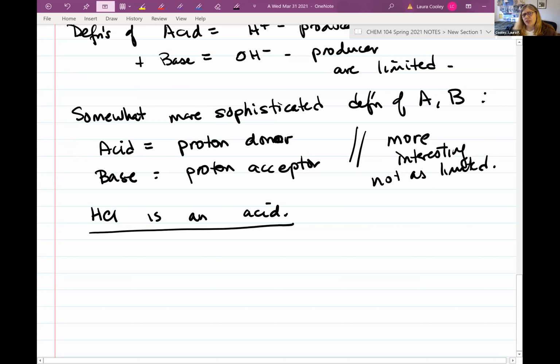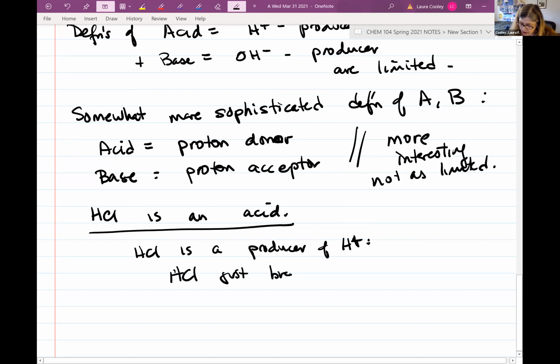It's like saying, oh, HCl just falls apart and gives you H+ and Cl-. Okay, so the first definition, that HCl is a producer of H+, would mean HCl just breaks apart and gives H+. So that's one way of looking at it, okay?